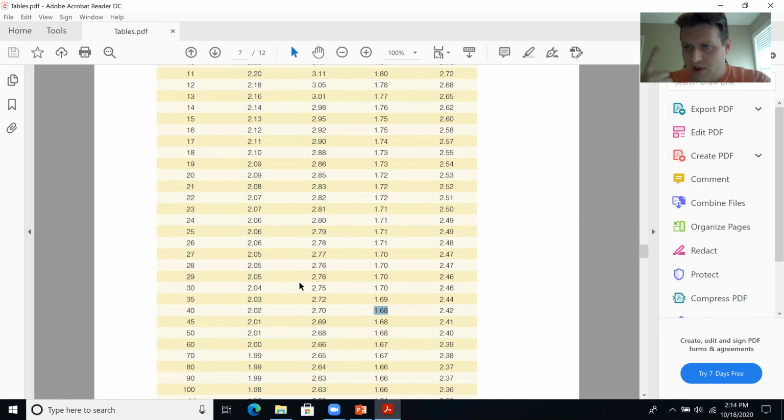One, you can look at a more advanced table than this and find out what that cutoff value is. Not necessary. Two, you can try to interpolate what that cutoff value is. We have 31, so the cutoff value should be between the cutoff value for 35 degrees of freedom and 30 degrees of freedom. And there's a mathematical formula that you can do for that.